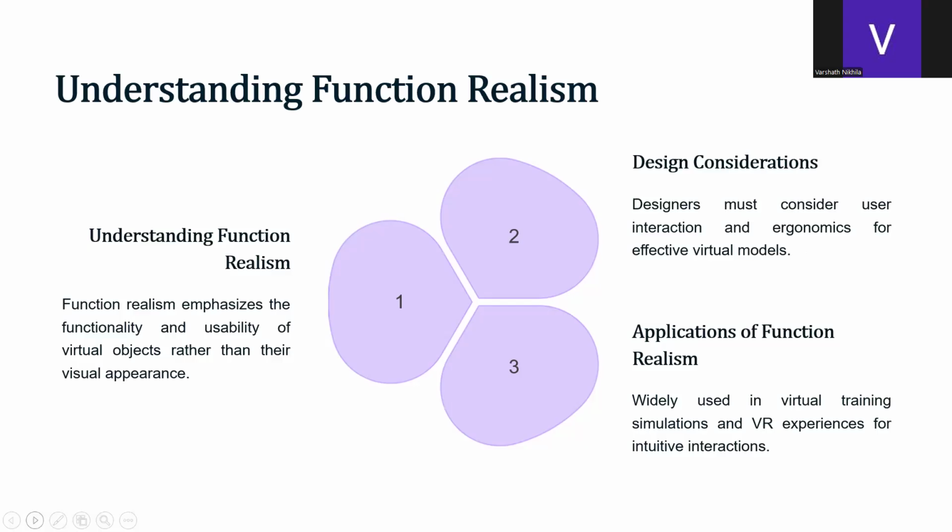So, designers focus on interaction logic, intuitive behavior, ergonomics, and so on. Functional realism is crucial in training simulations, interface design, and serious gaming. It emphasizes the functionality and usability of virtual objects rather than their visual appearance.